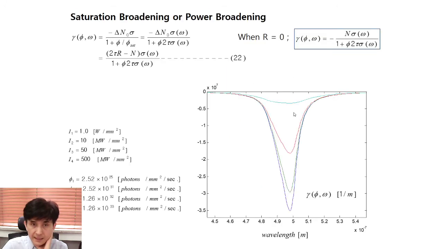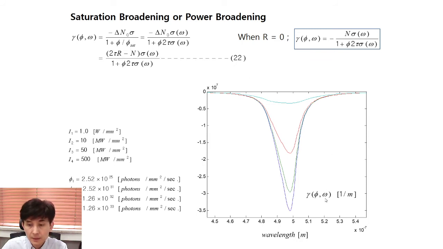effect is. And another important effect related to the laser medium is saturation broadening. For a given spectral cross section sigma, the gain coefficient gamma becomes broader due to the power broadening effect, the 1 plus phi over phi z effect.